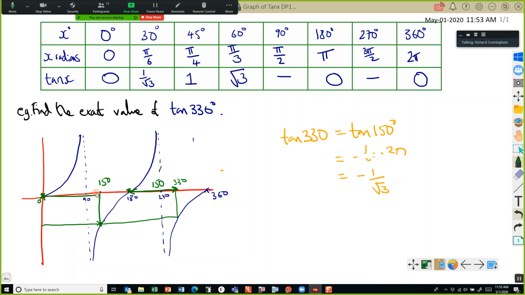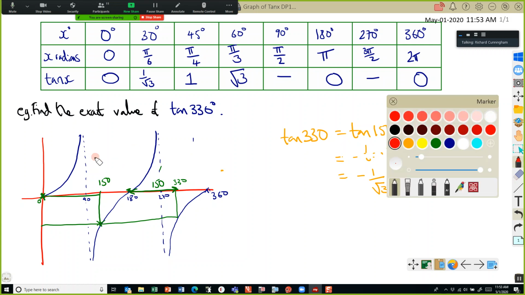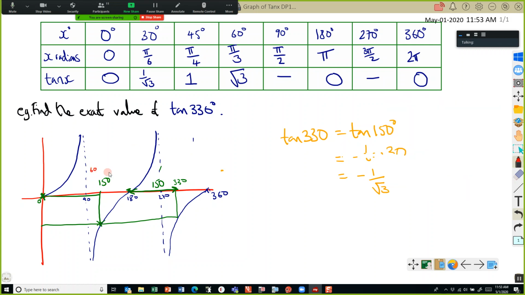Now this value is how many from 90 in this direction? Yep, 60. And so to find the corresponding value, I need to go back 60 and take the negative of it. Is that okay?